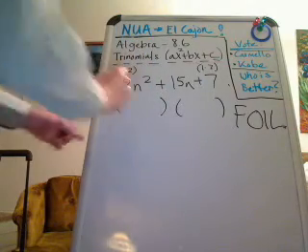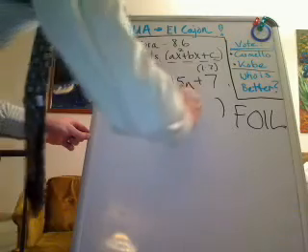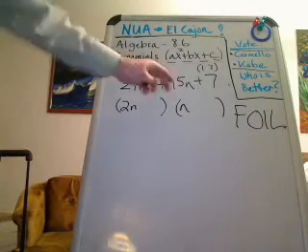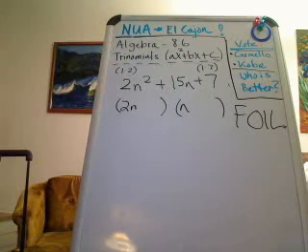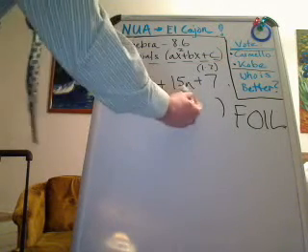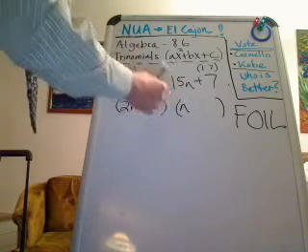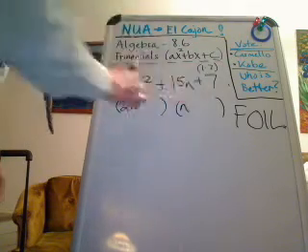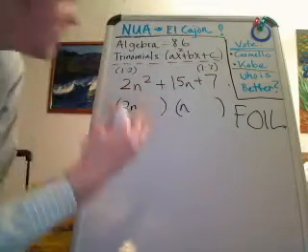So the first thing I'm going to do is go 2n, and then n. And then here I might have, let's see, now I'm looking for patterns in my numbers. I noticed that 15 is 1 more than 2 times 7, which is 14. That's important because I'm looking for patterns.